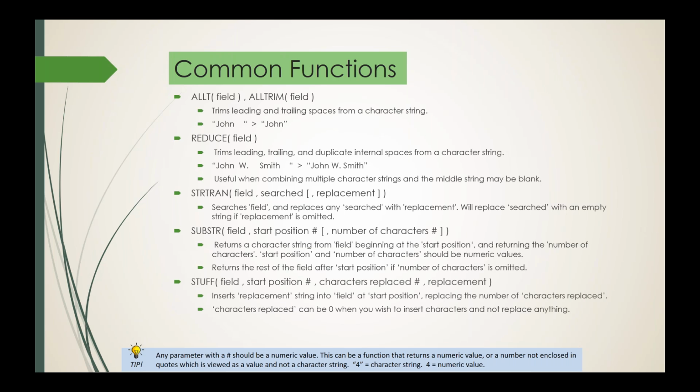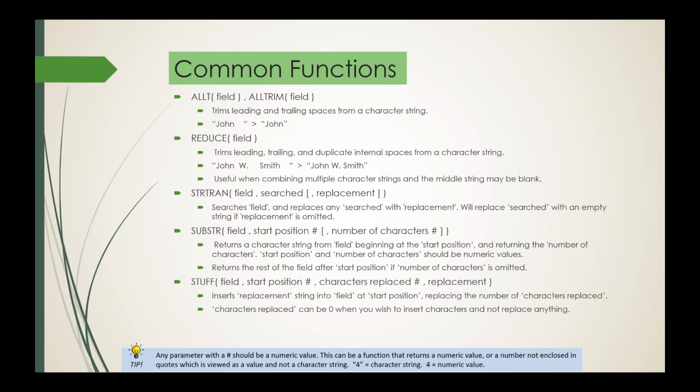Next we have stuff. Stuff is going to insert a replacement value into a field at a certain position. So again, we give it a field, we give it the position that we want to start at, then the characters replaced, how many characters in this string we want to replace, and what we want to replace it with.